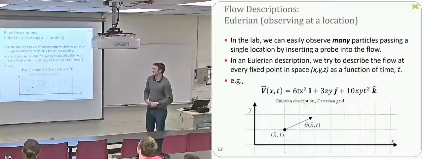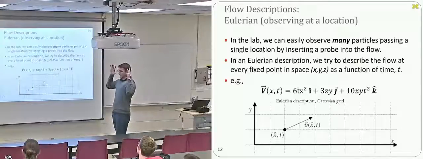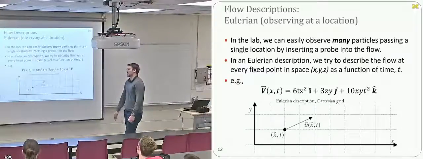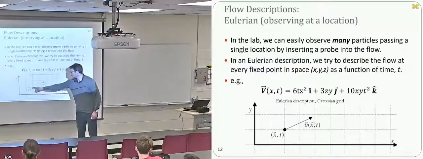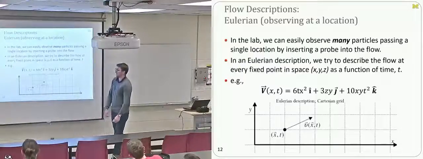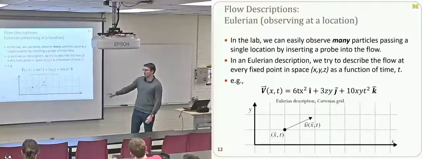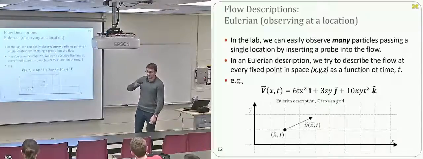Eulerian descriptions, on the other hand, are big picture field observations where at a given point, we're only going to look at this one point, but we're going to see every single particle that passes through that point.